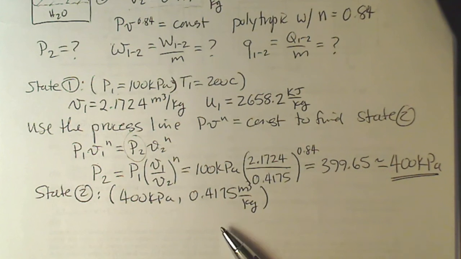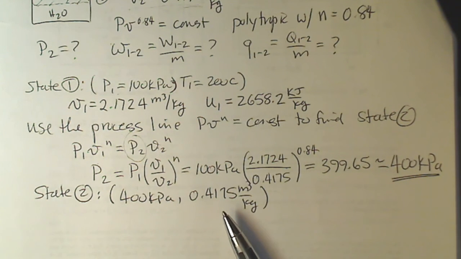If I look in my thermotables at 400 kPa, I'm looking for specific volume 0.4175. As a first guess, I'm going to go to the saturation tables and see where 0.4175 lies relative to vf and vg.